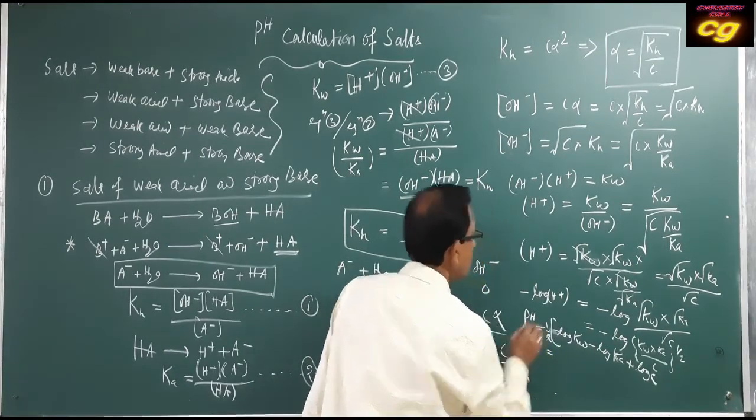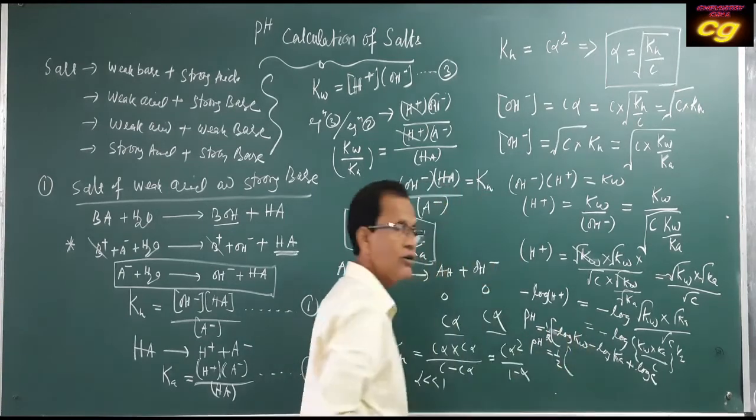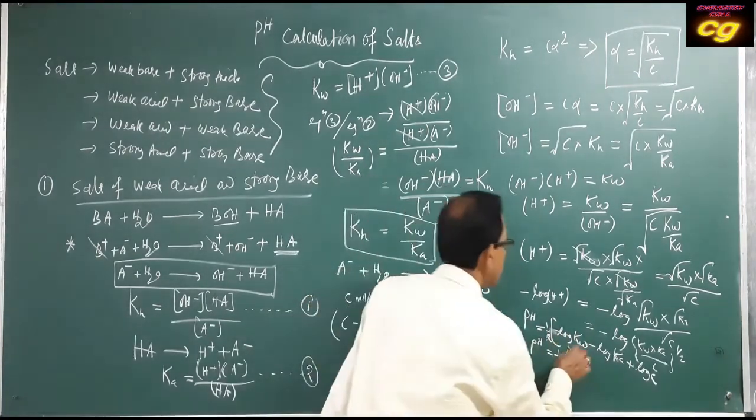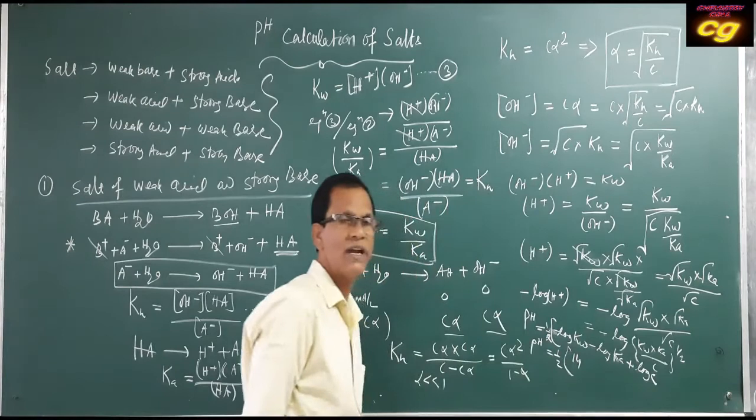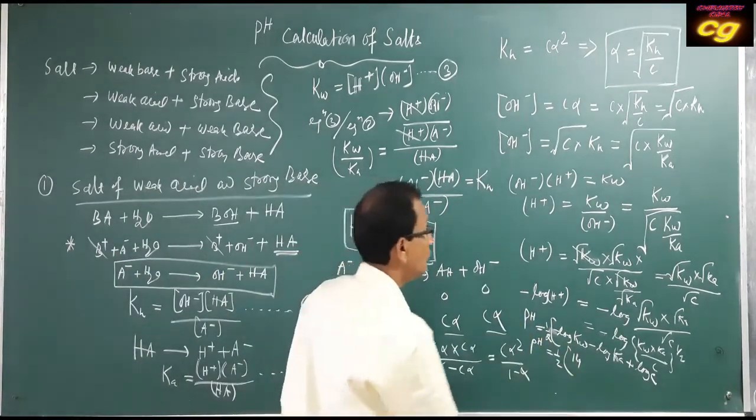Then pH is equal to half, remaining, minus log Kw is equal to 14, because Kw is 10 to the power minus 14, so minus log is 14.